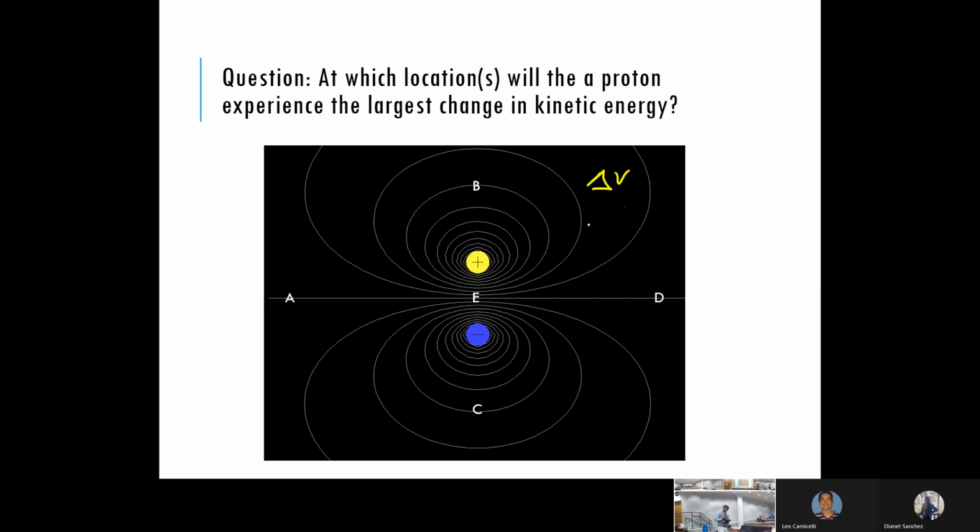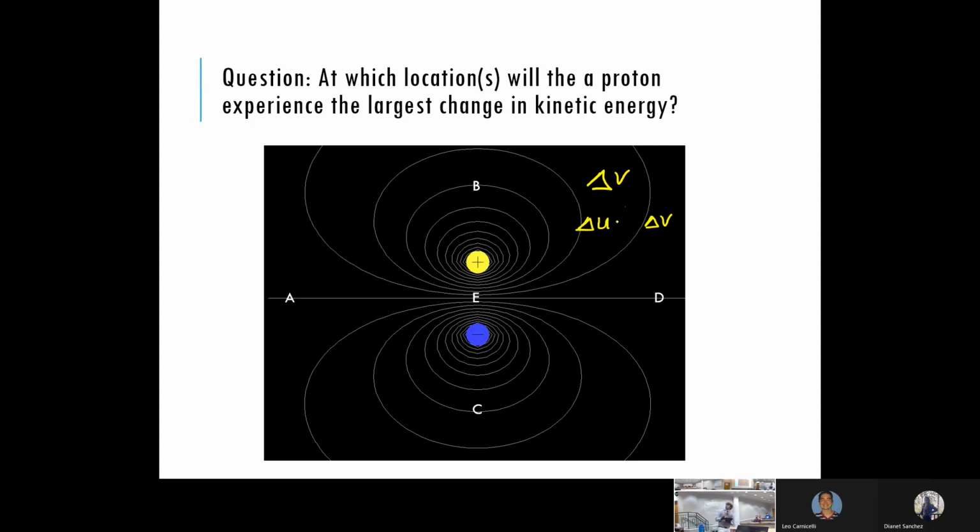And the question I have for you is, how do I relate a change in potential energy to a change in electric potential? What's that relationship? Directly related, they're proportional. And what's the constant of proportionality between a change in electric potential and a change in potential energy? The charge of the system.